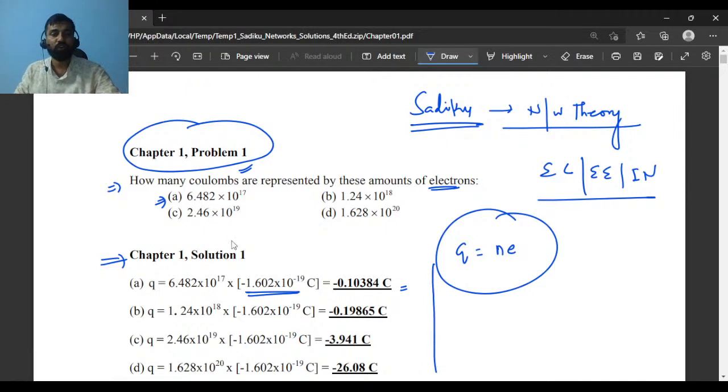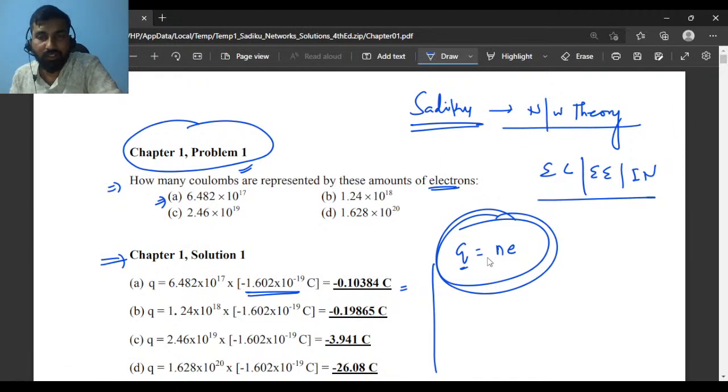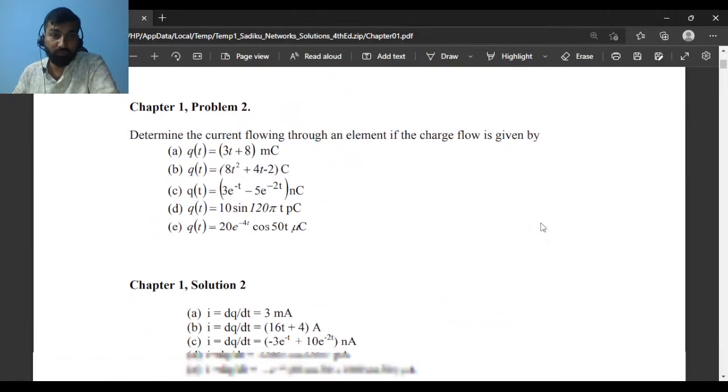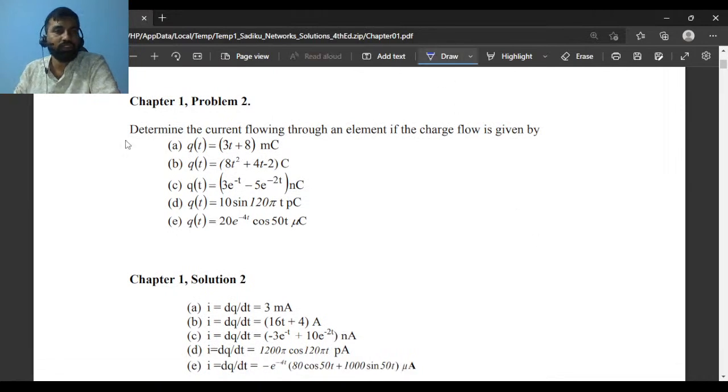There are four options, A, B, C, D, and you can solve simply with the help of this. As we know, charge is equal to n times e. You can solve this kind of question, and then we move to the next question. Here the question says determine the current flowing through an element if the charge flow is given.